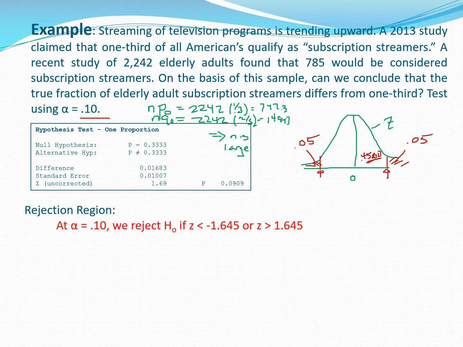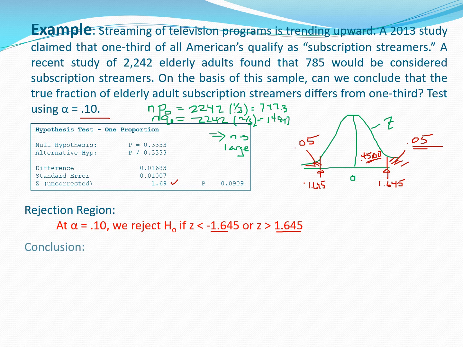If you're working with a t-table, you go to the 0.05 column all the way down the bottom, and you're going to find this 1.645 number. It's two sides. So we're going to reject if our test statistic falls below negative 1.645, or above a positive 1.645. What's our test statistic?